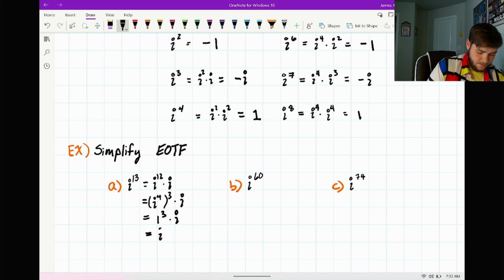That whole thing is i. Remember, every 4 powers of i get back to 1, so i to the 4th, 8th, 12th, 16th, and so on are all just 1.